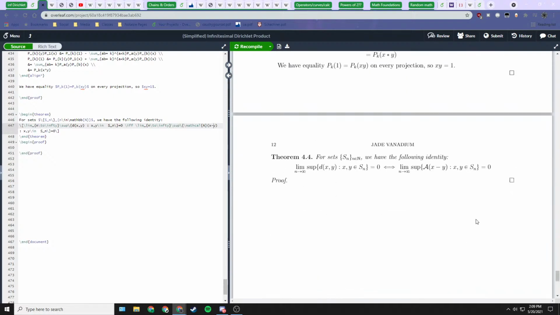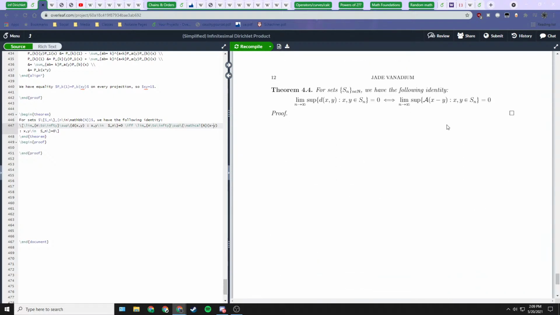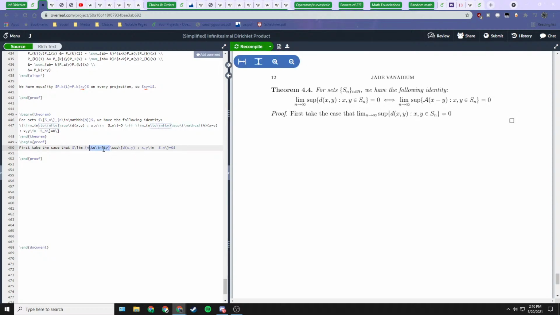So go down here and we'll start editing this. So that's S of n, and it's natural. We have this identity. Okay, so the way that we're going to prove this, we're going to restate the distance function. We'll start from the left side. Take the case that this diameter goes to 0. I'll rearrange this like that.